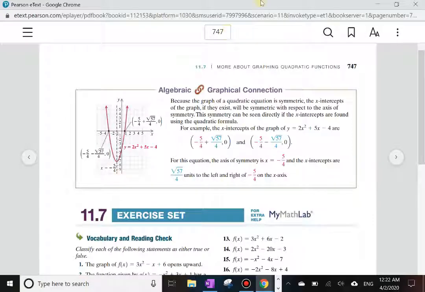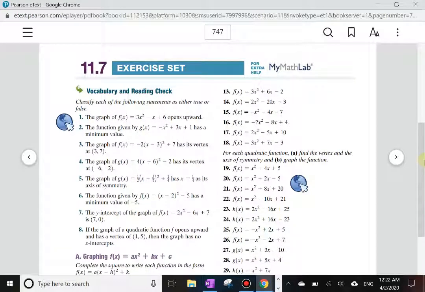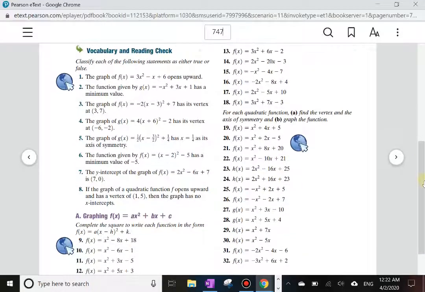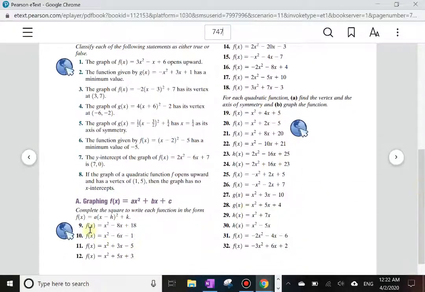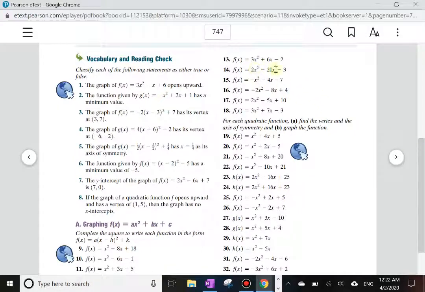The exercises for this section start on page 747, beginning with exercise number 9 and going through number 18. I believe your homework exercise is number 13 in this segment.